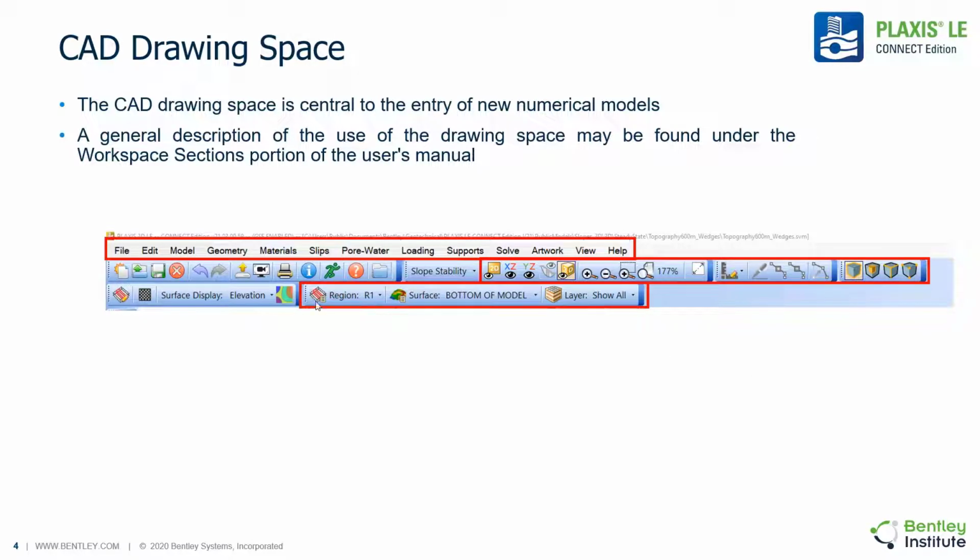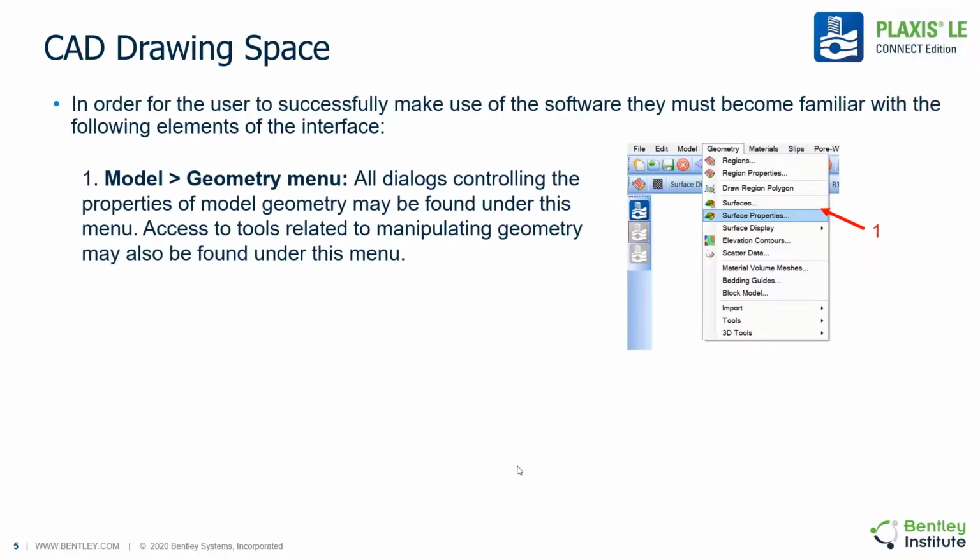Finally, the model is built by the use of regions, surfaces, and consequently the transfer to layers. We'll take a look at it. But here basically you can select the surfaces and regions and see all of them included in the model. Having this initial understanding of the CAD drawing space, let's focus today on the geometry menu. The geometry menu can be accessed on the top of the software, as I mentioned before.